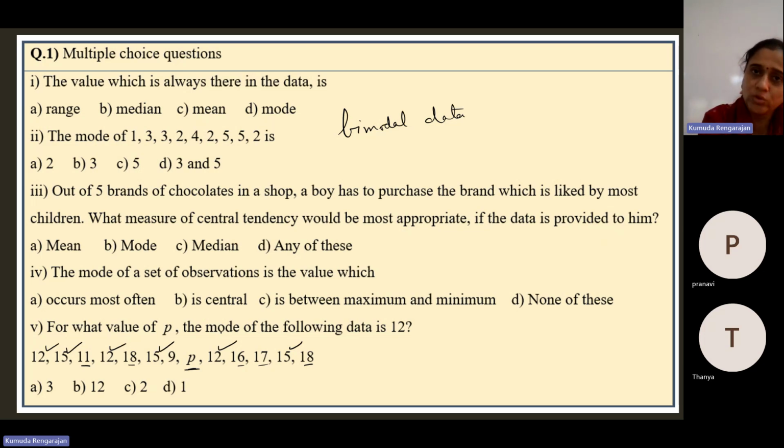If P takes the value 12, mode will be 12. They want the mode to be 12, so the value of P should be 12. Just take away P and put 12 and check. 12 happens 4 times. So that's the mode. So the value of P is 12.